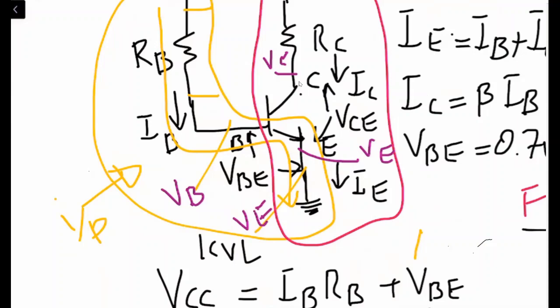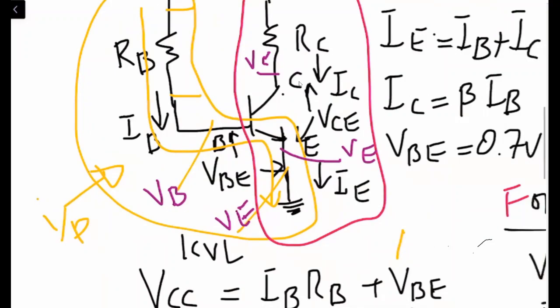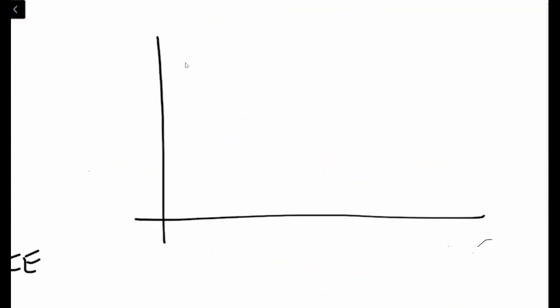So for the output characteristic curves, we have the output characteristic curves which we have seen from our previous circuits.